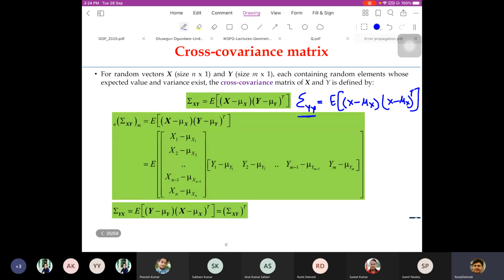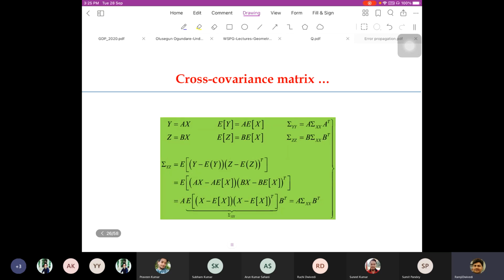But here for xy, between two variables, you would be writing x minus mu x, y minus mu y transpose. And similarly, you will write for sigma yx, which is sigma xy transpose. These are just conceptual understanding. No need to remember it because you know the basic derivation steps.